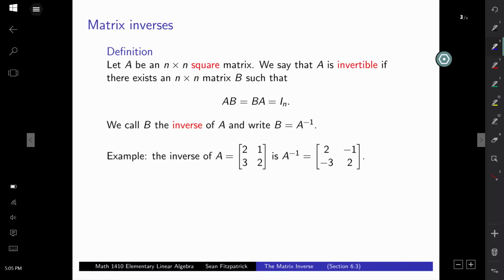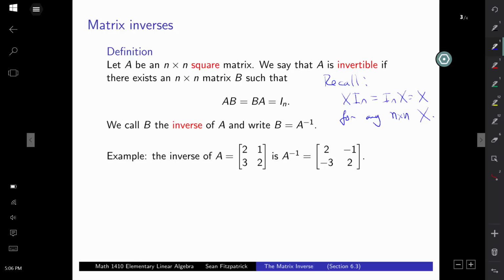Okay, so here's how you define the matrix inverse. Among all matrices, we have the identity I_n. Just to remind you, the identity matrix has the property that x times the identity equals the identity times x equals x for any n by n matrix x.